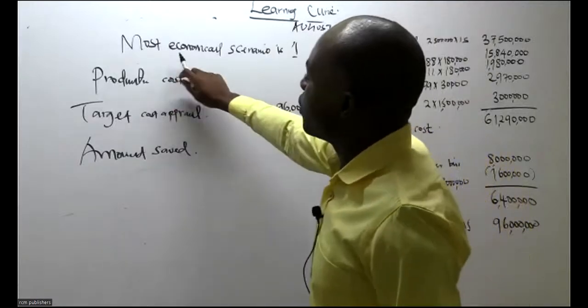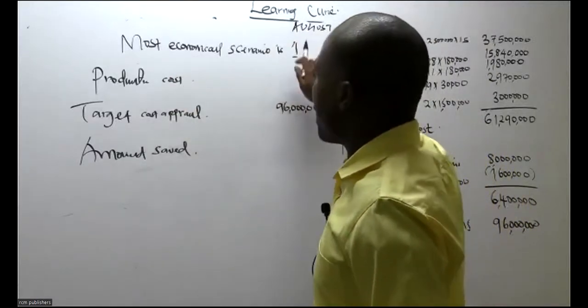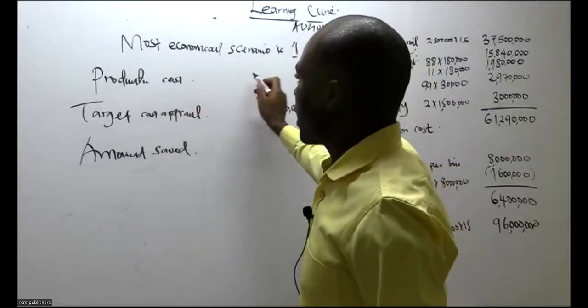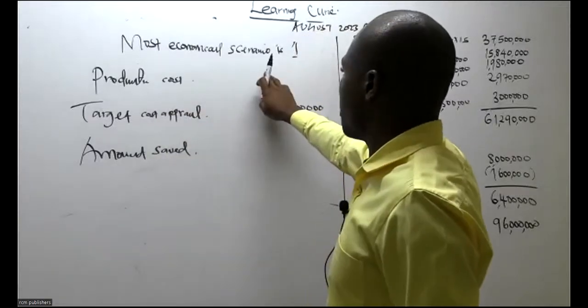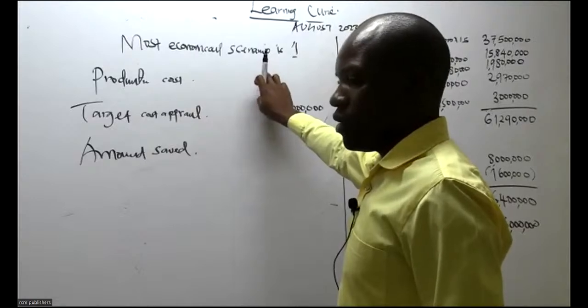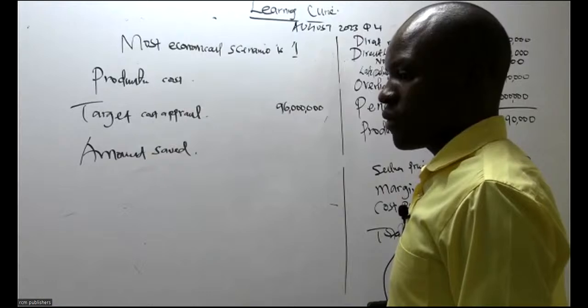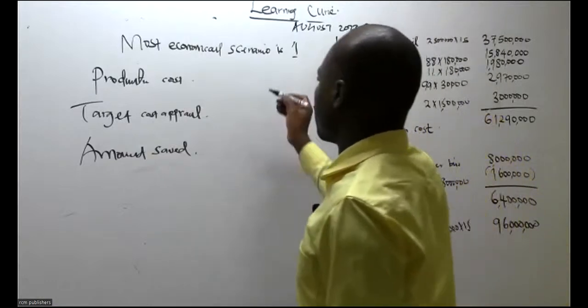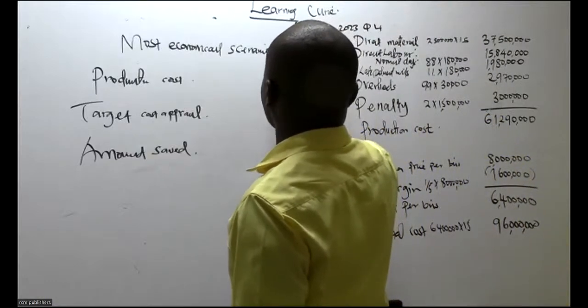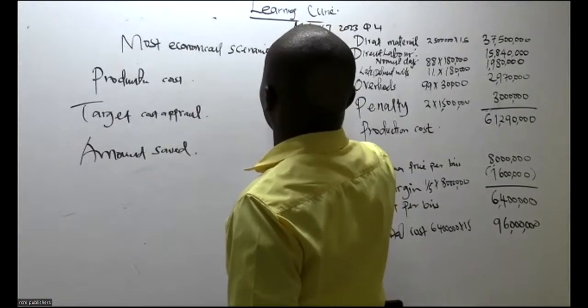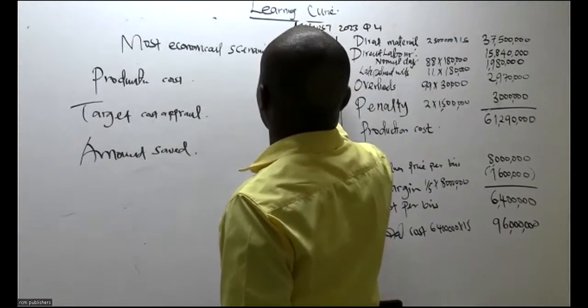But if they use the most economical scenario, which is 1, the production cost we were getting was 59,340,000.